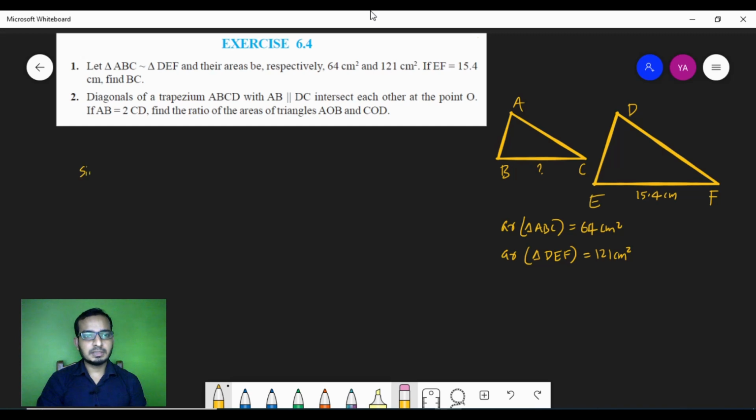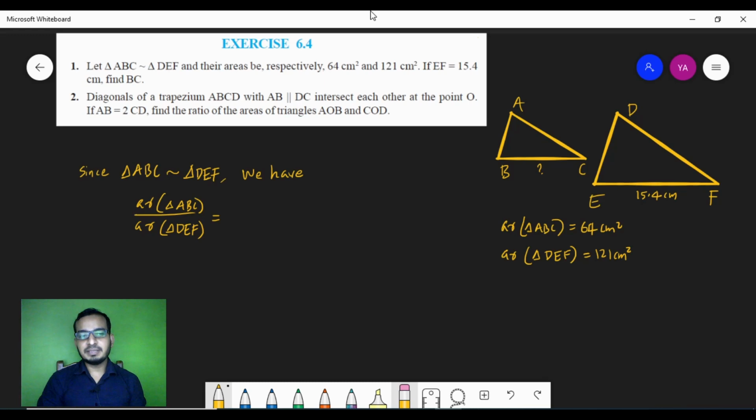Since triangle ABC is similar to triangle DEF, by applying this theorem we have area of triangle ABC by area of triangle DEF is equal to what?